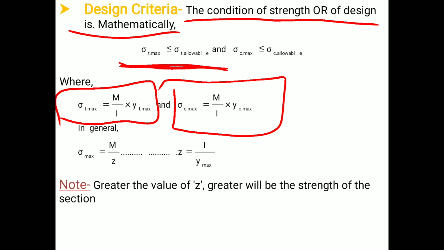Remember that as the value of Z increases, the strength of the section also increases, because Z is a ratio of I upon y. As Z increases, I increases, and as I increases, the section becomes stronger and stronger.